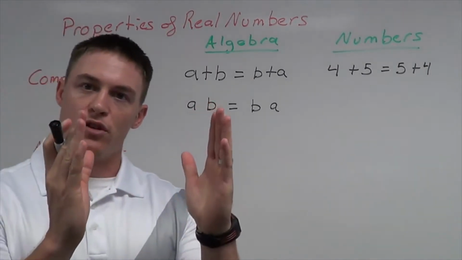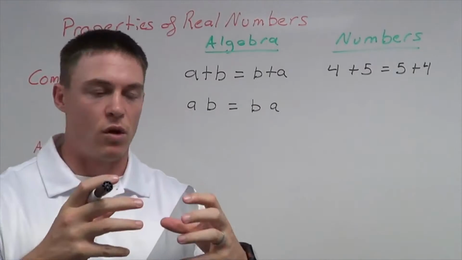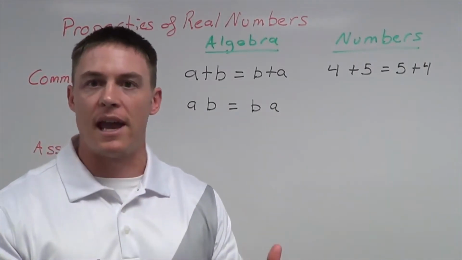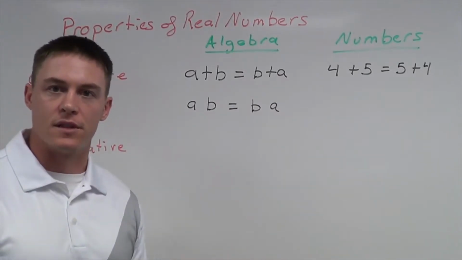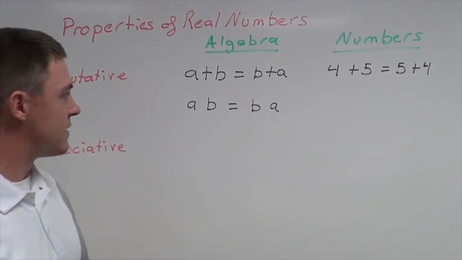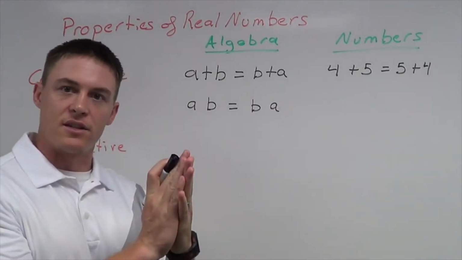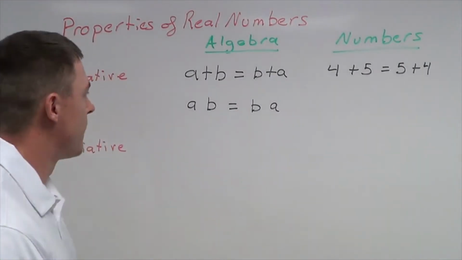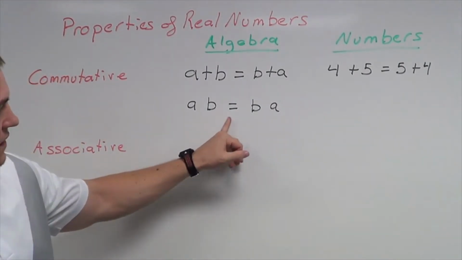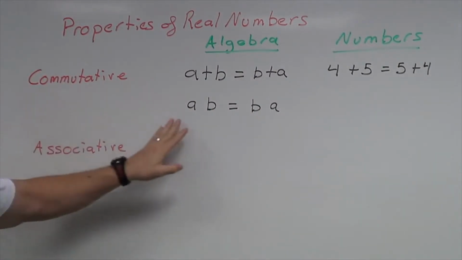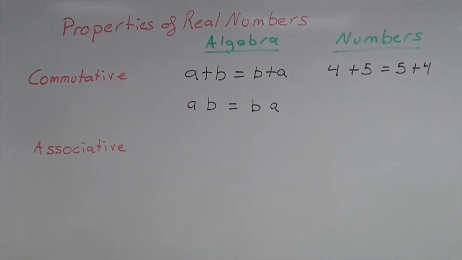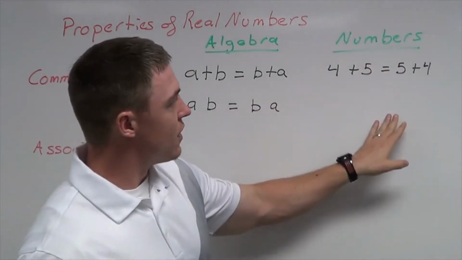Remember that when we put two variables next to one another, there's what we call implied multiplication. We just know that we are supposed to multiply these two numbers together. So A is a number, B is a separate number, and since they're right next to each other, I've got to multiply those together. Alright, so A times B is equal to B times A. Commutative property tells us that it doesn't matter what order I multiply them in, I'm still going to get the same answer.